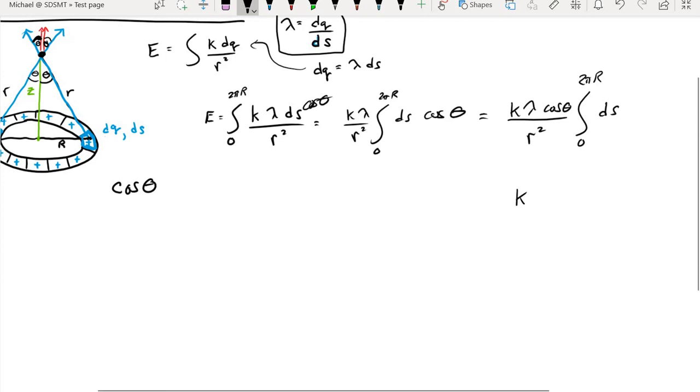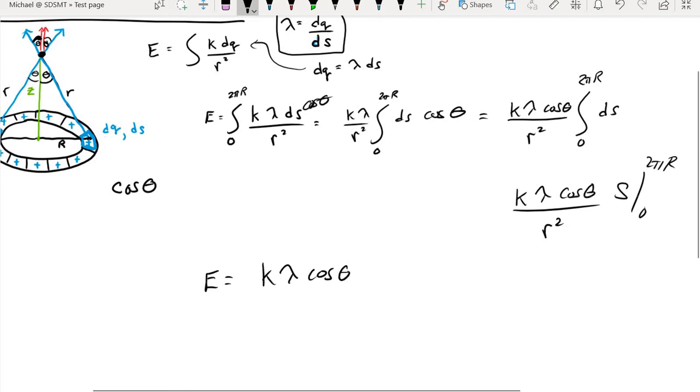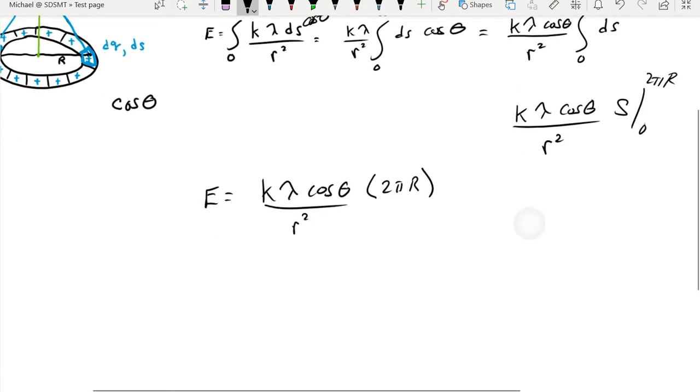And if we do that, ds is going to integrate to s. We'll have to evaluate from 0 to 2 pi r. And so our electric field will be k lambda cosine over little r squared times the 2 pi r minus 0 that we get from evaluating our limits.